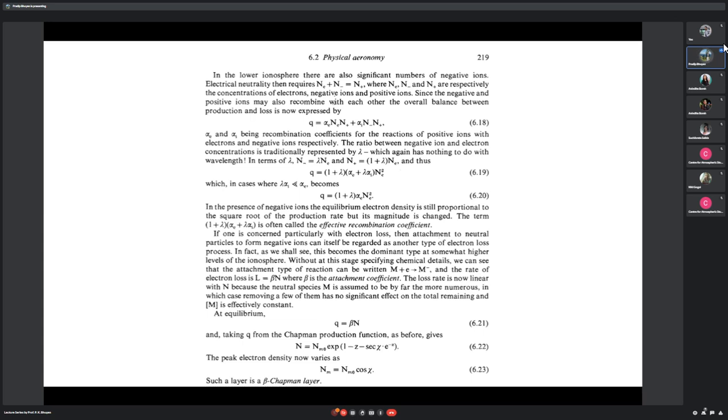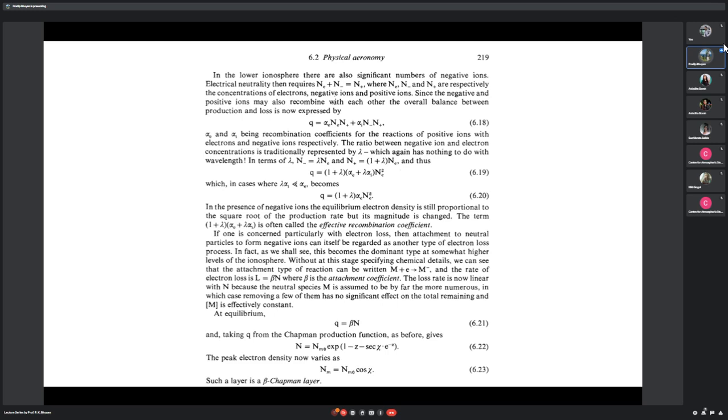Now, if alpha I is very small compared to alpha E, then your equation becomes Q equal to 1 plus lambda alpha E Ne square. You can neglect that lambda alpha I. Lambda is already a ratio, a small value, so lambda into alpha I we can neglect.